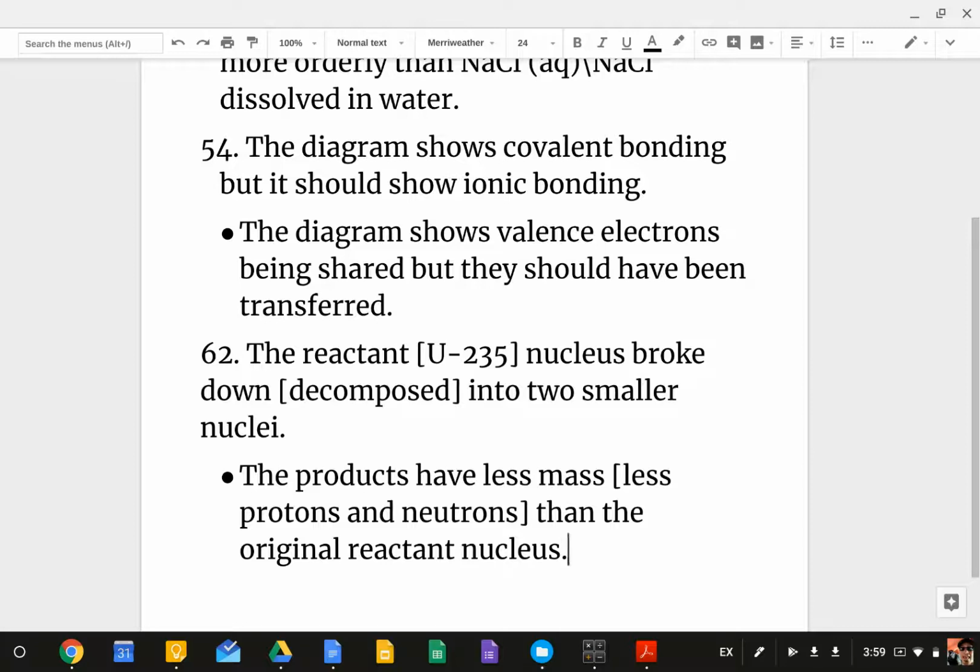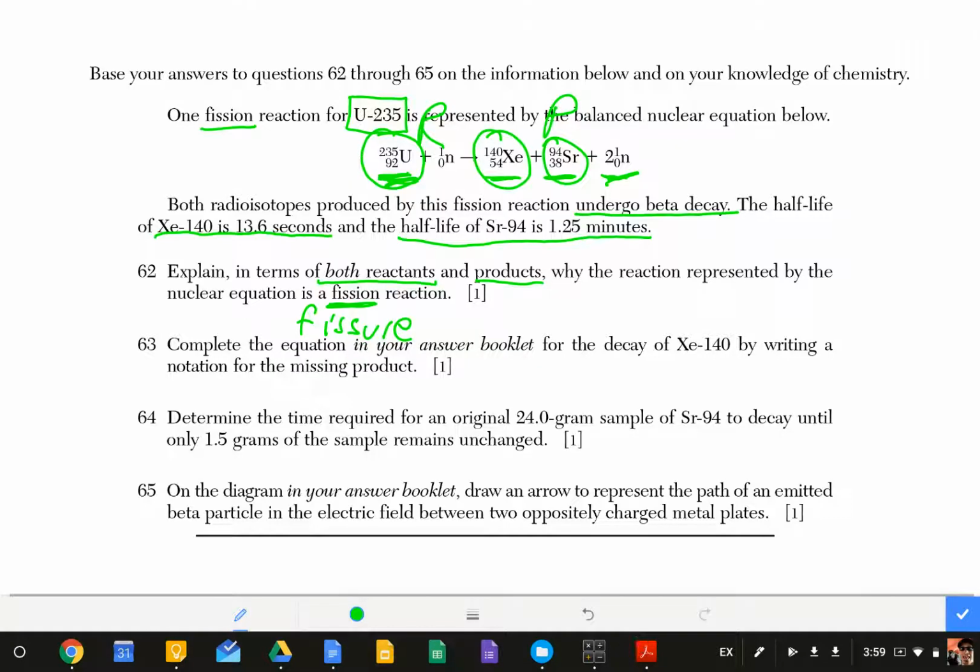Again, anything along those lines, as long as you're explaining yourself scientifically and you are mentioning both the starting atom and the atoms you end up with, the nuclides, you should be marked correct. So any way that you can explain that you saw a heavier nucleus breaking apart into smaller nuclei is correct. The only thing that would cause you to lose points here is if you only mention the reactant or if you only mention the products.